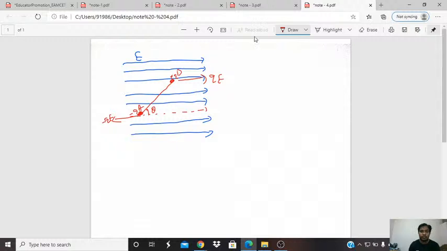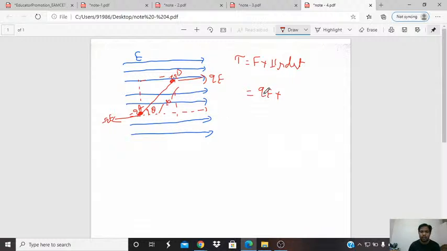So the torque tau equals force into perpendicular distance. What is the force here? QE, into the perpendicular distance. This is the dipole length 2a. So what about the perpendicular distance here? This is the perpendicular distance.